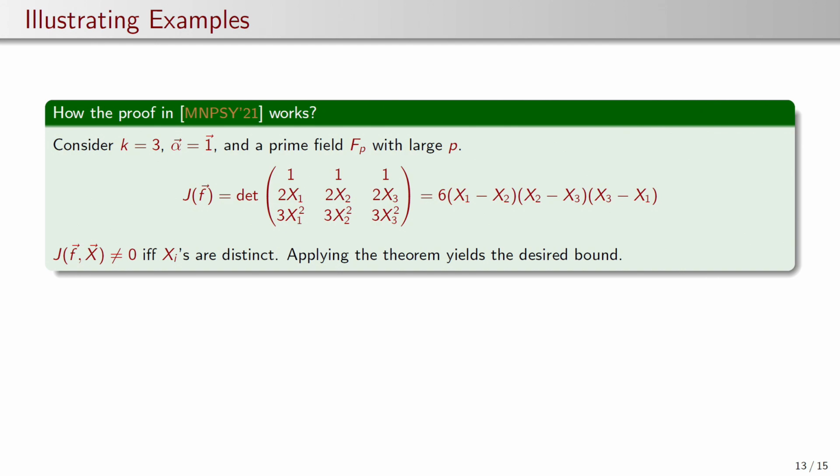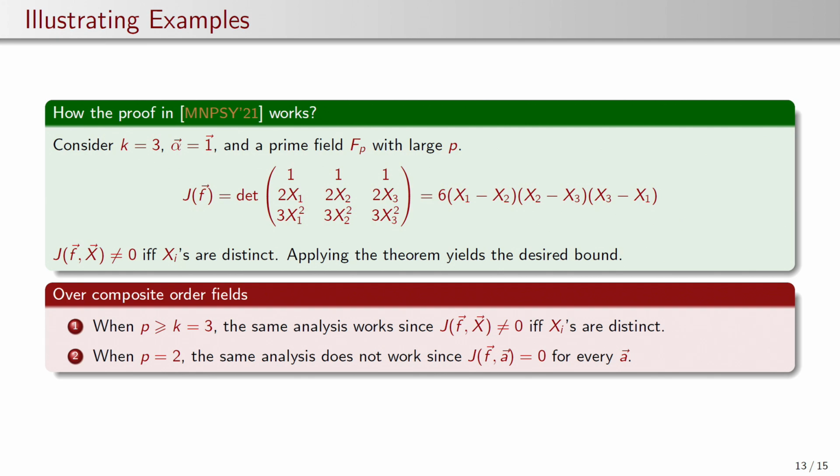And you can observe that the Jacobian is not equal to 0 if and only if all the xi's are distinct. So in this case, the number of solutions x in which they are distinct is exactly equal to the number of isolated zeros. So we can just apply the Bézout-Lie theorem to get the bound.